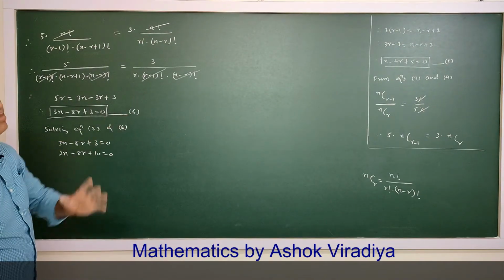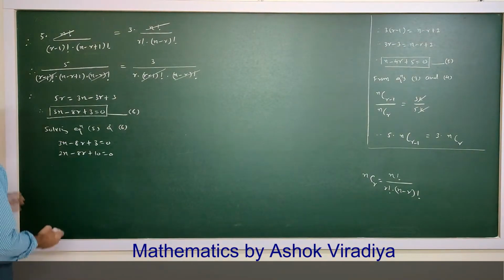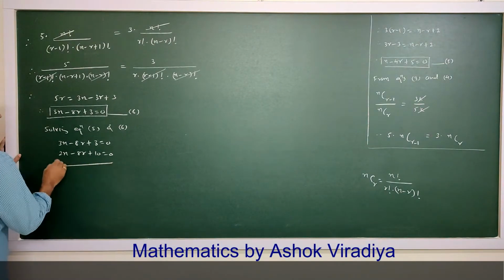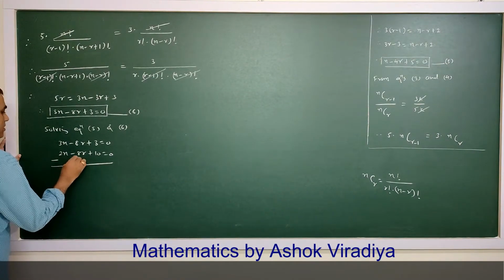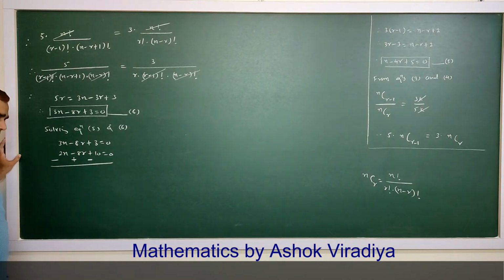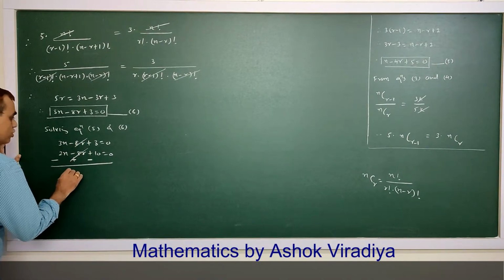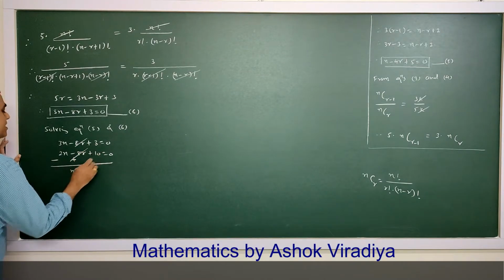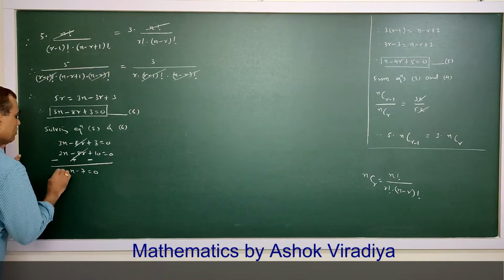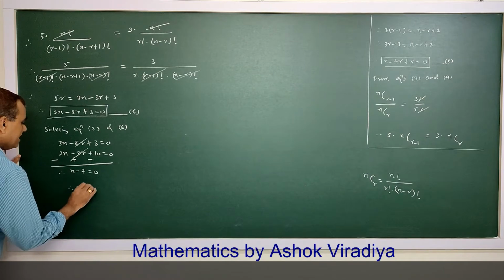So it is multiplied by 2. Taking the difference, subtracting these equations, the r term is cancelled. So 3 minus 10 is minus 7n, equal to minus 49. So n is 7.